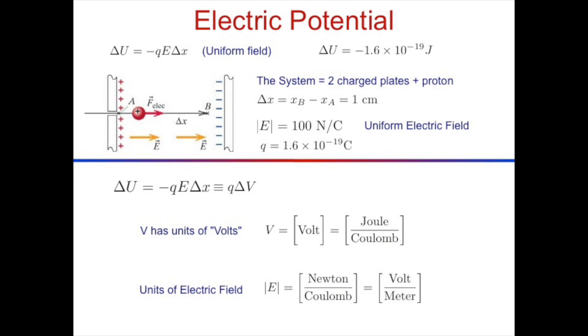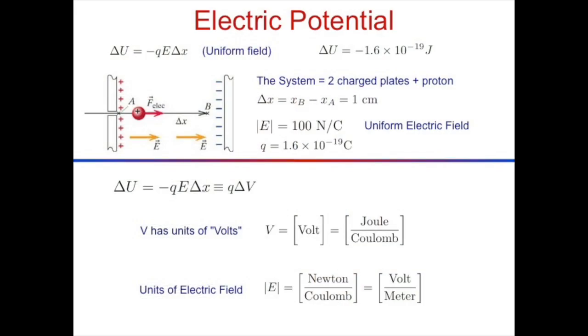If I look back at this equation again, I see that minus q E delta x is q delta V. Cancel the q's from both sides, and I get that electric field times a distance is voltage. So electric field must have units of volts per distance. So volts per meter is another way to think about electric field. Do you have any questions about that?